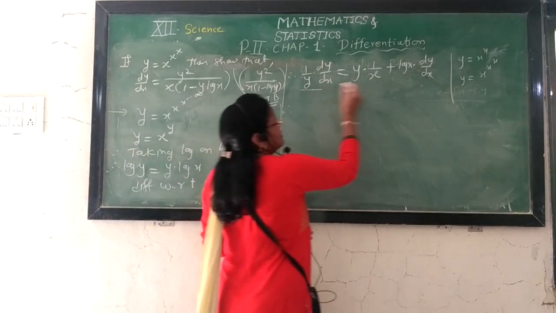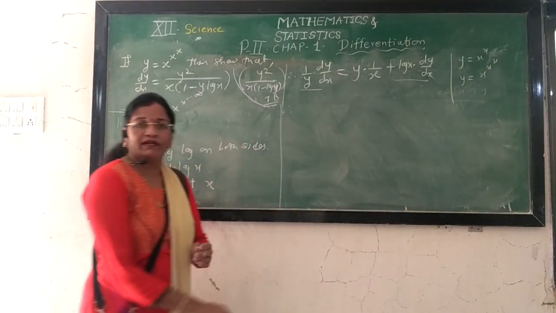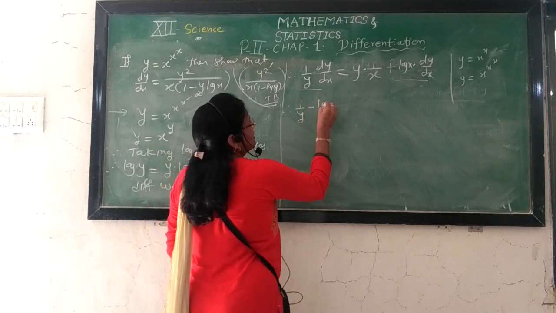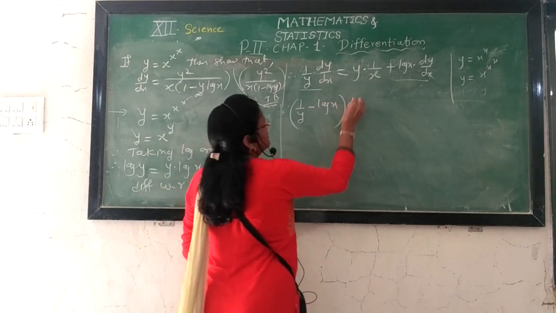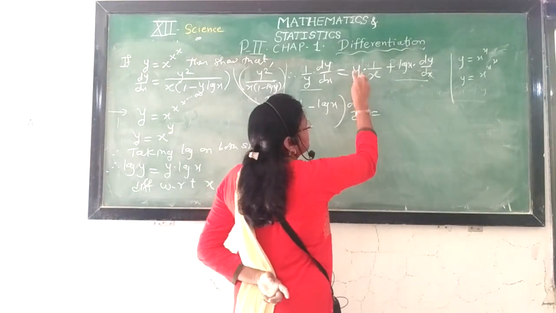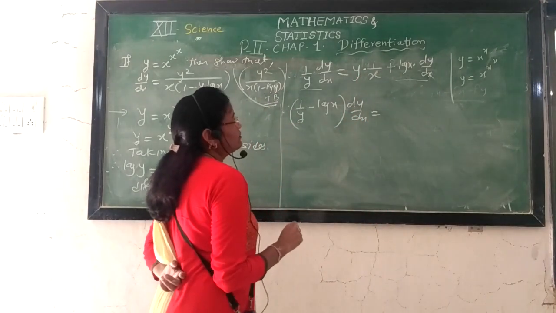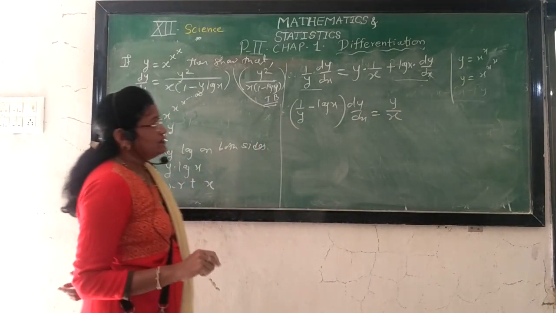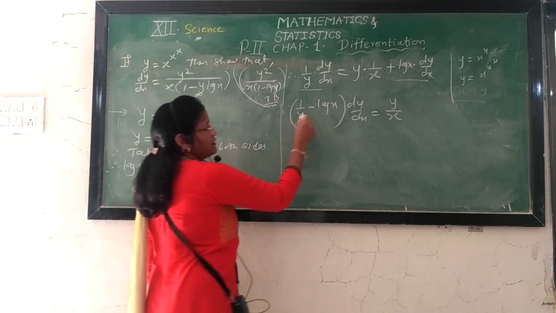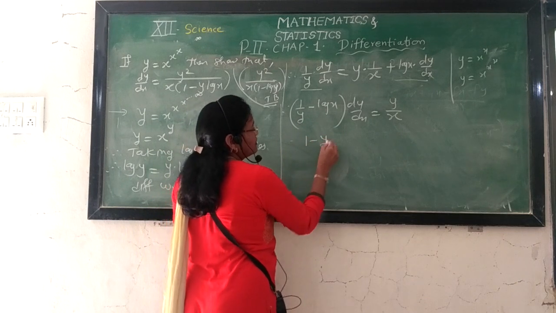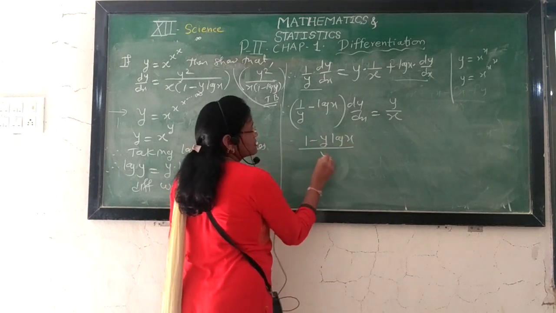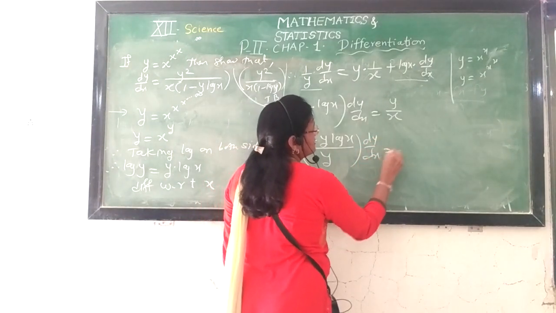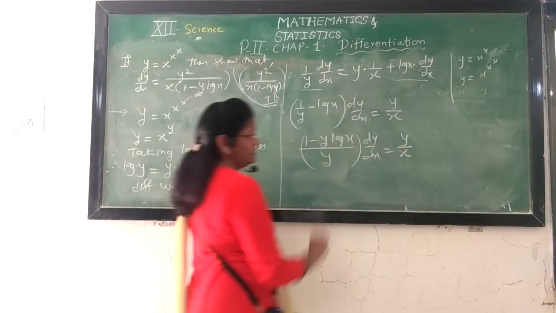Now second step, collect the terms with the coefficient dy by dx on the left side. So we get (1 upon y minus log x) into dy by dx. For the right side we get only one term, that is y upon x. Now for simplification we take the cross multiplication, so we get (1 minus y times log x) upon y into dy by dx is equal to y upon x.